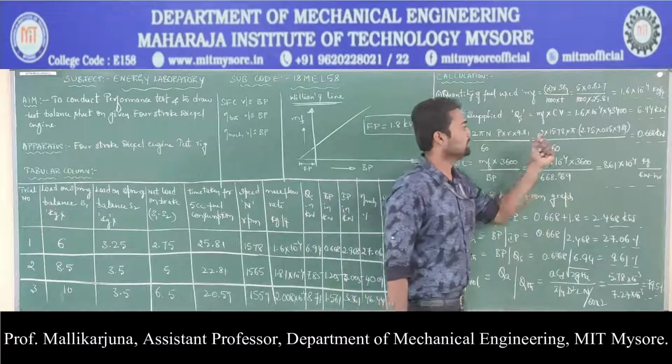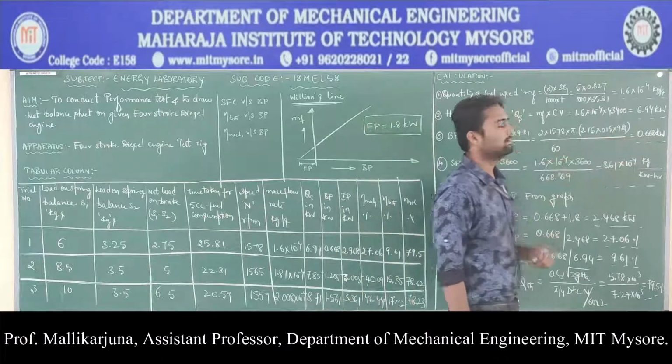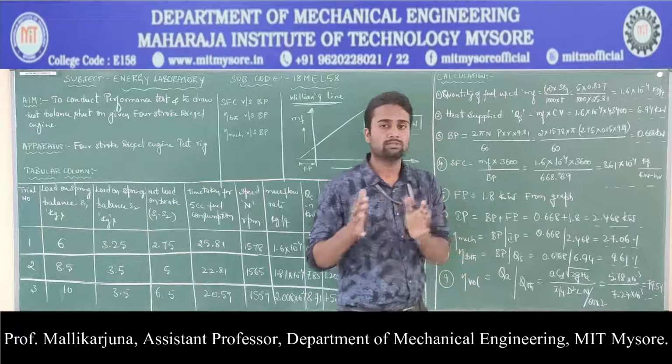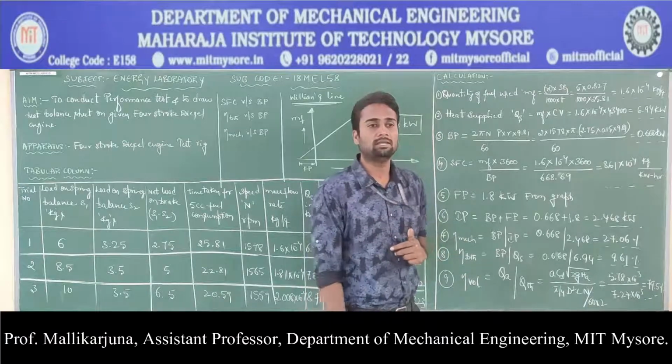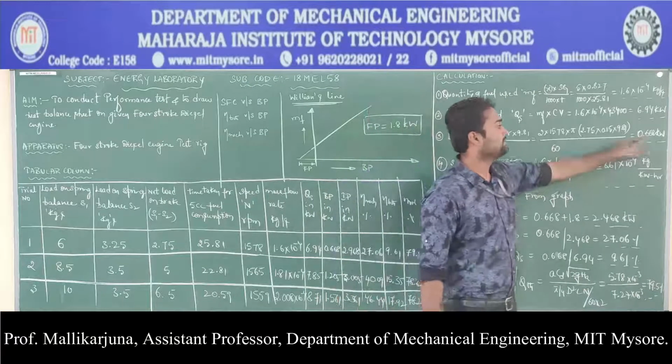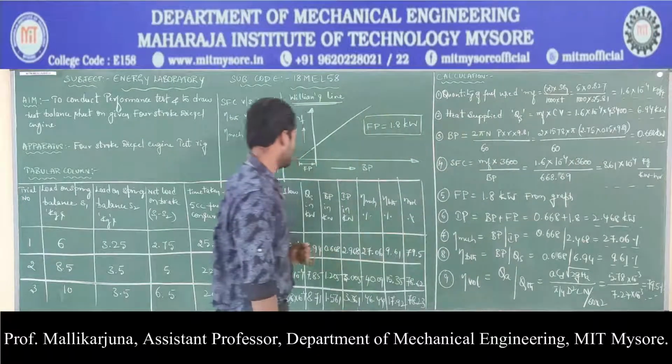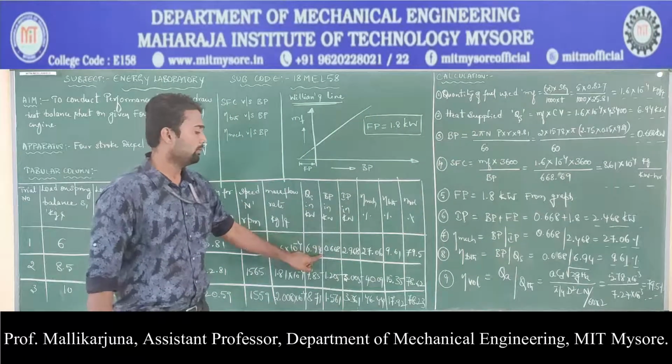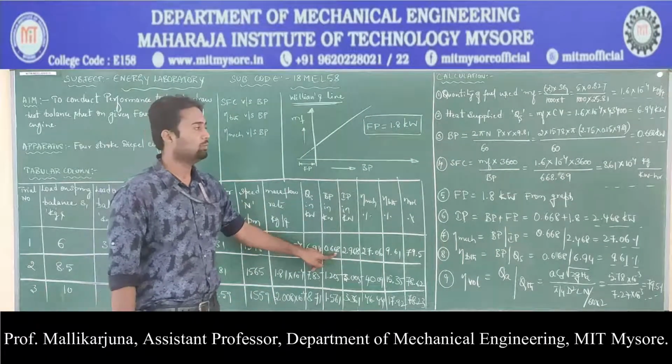Upon substitution, we get BP, the power available at the crankshaft, as 0.668 kilowatts. So BP is 0.668 kilowatts.